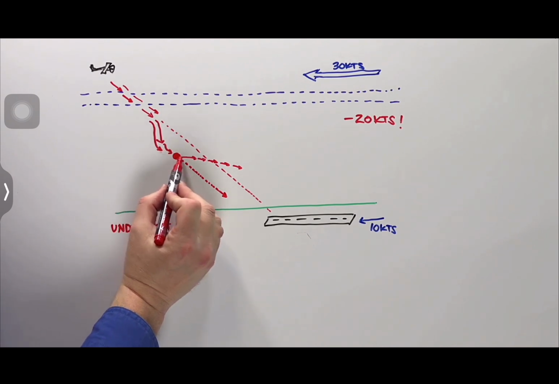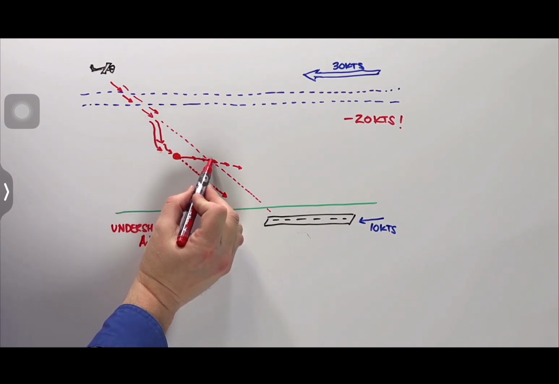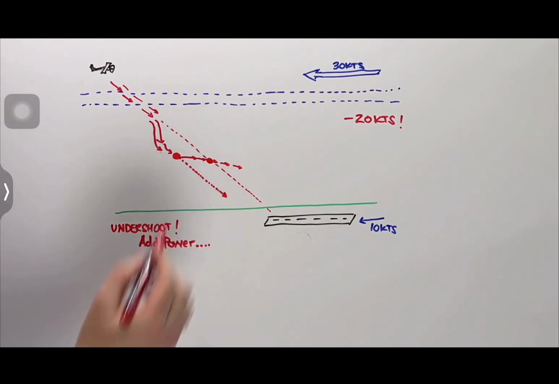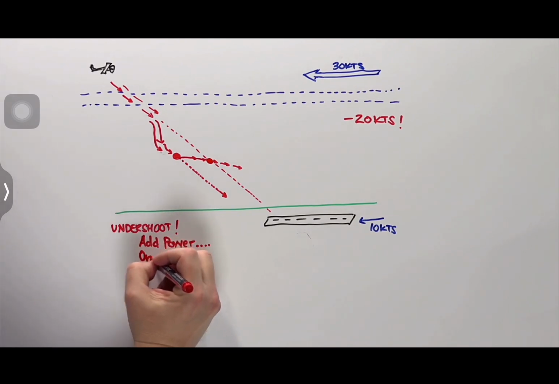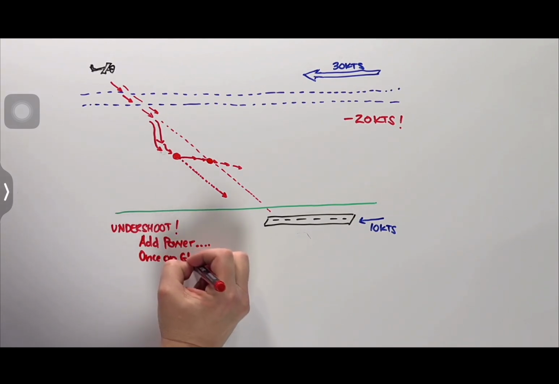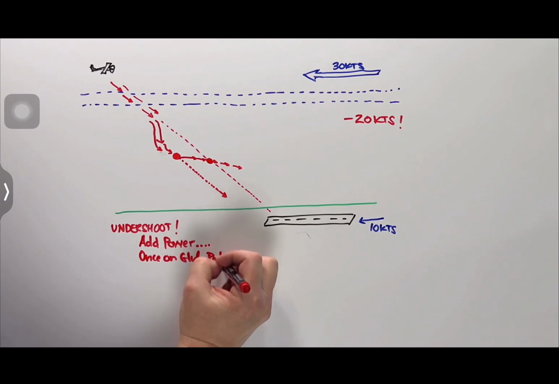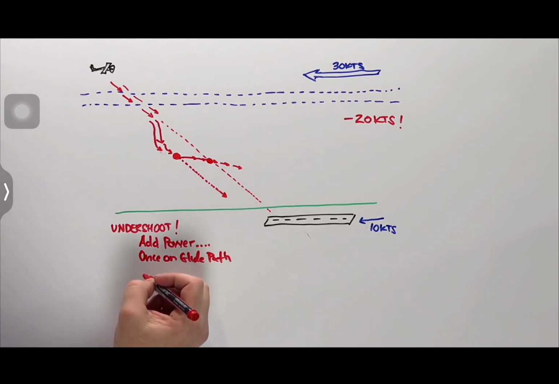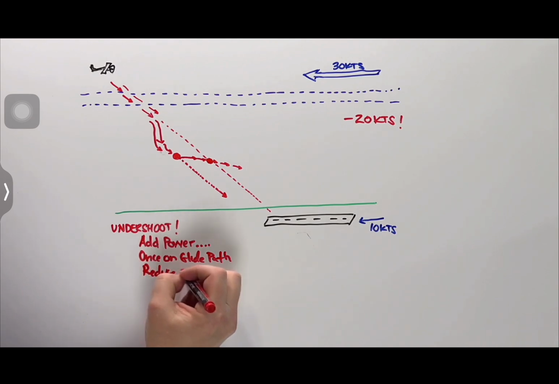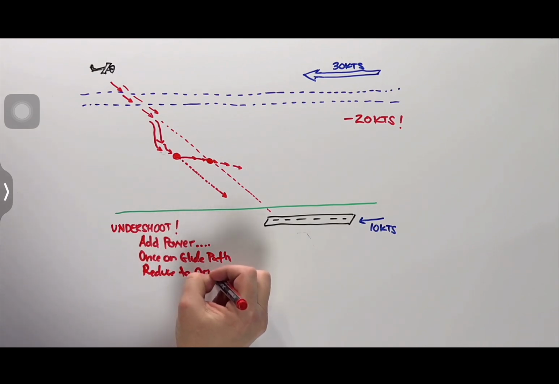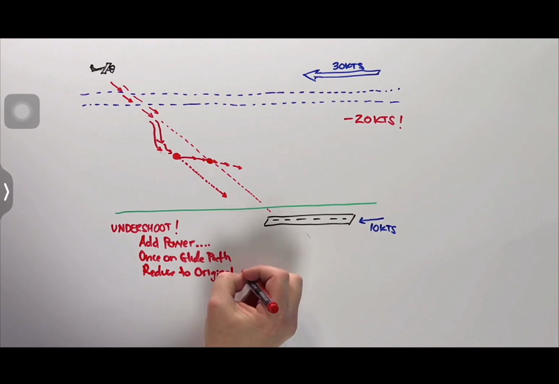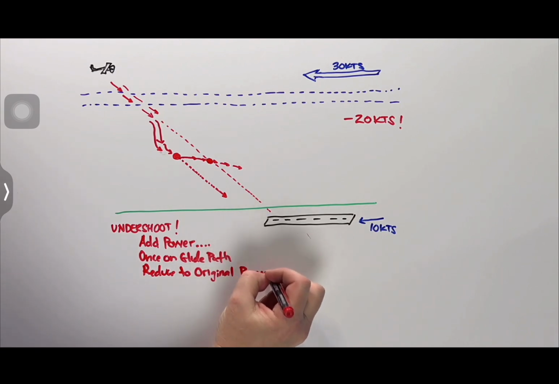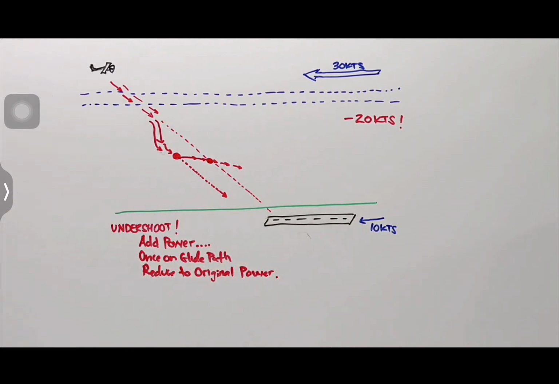However, once you get to the proper glide path again, once on glide path, what we will now need to do is reduce to original power.